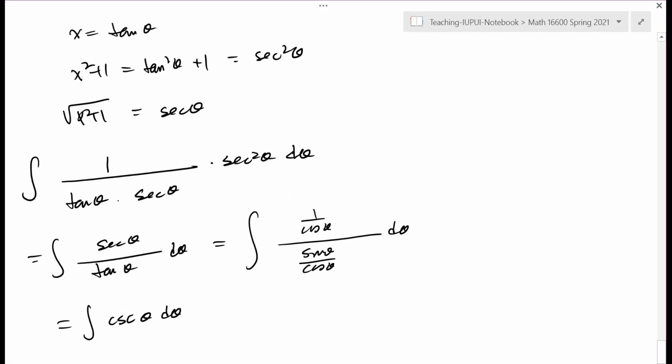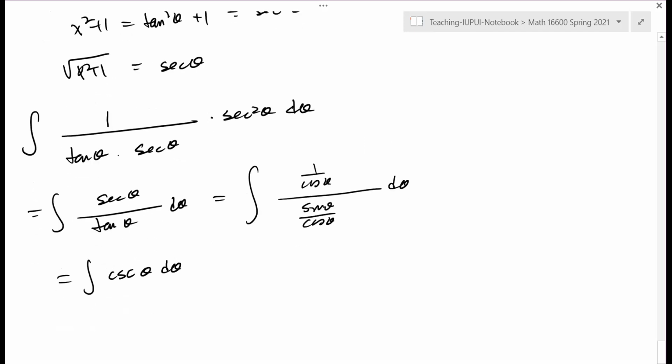The question is, how do you evaluate this, right? I think we did that right before. There are many ways to solve. We were already given the formula, otherwise you have to use another substitution. Let me write down the formula, which is given in the book.